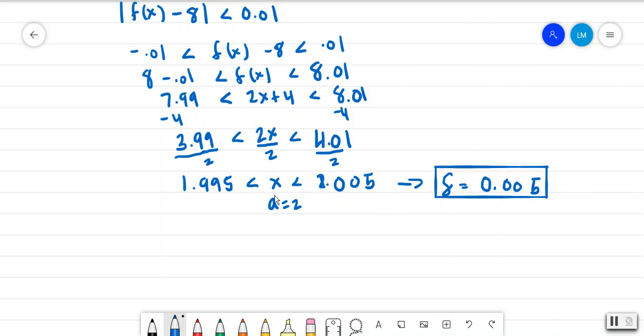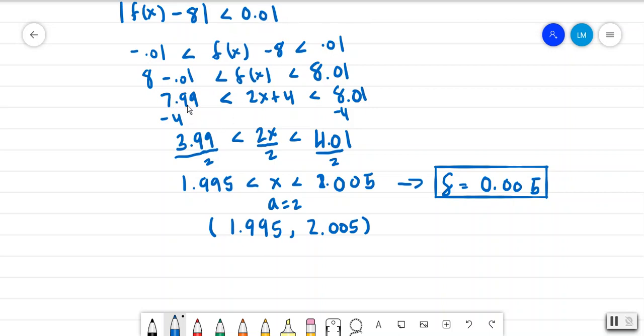And if it helps, think about how close you're getting. Just think of it this way, that you're looking at the interval 1.995 comma 2.005, which means that this open interval corresponds to being within 0.01 of our limit value.